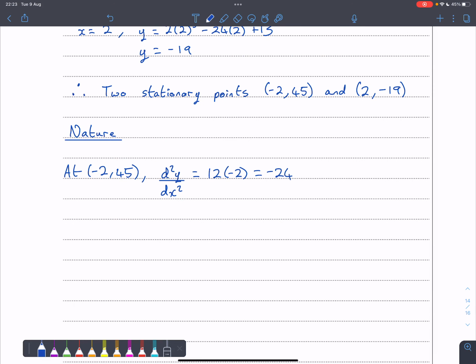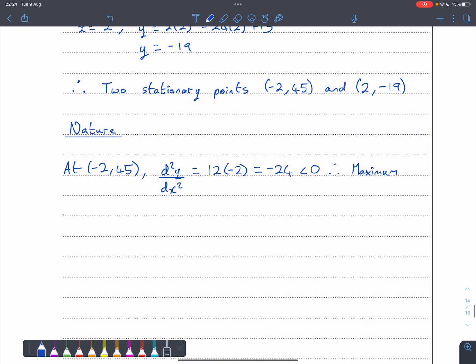This is negative, or less than 0. Therefore the rate of change of the gradient is negative, which means it's becoming more and more negative. If it starts positive, it becomes less and less positive until it gets to there, and then becomes more and more negative. So we end up with a maximum. Therefore this is a maximum point, which is what we expected.